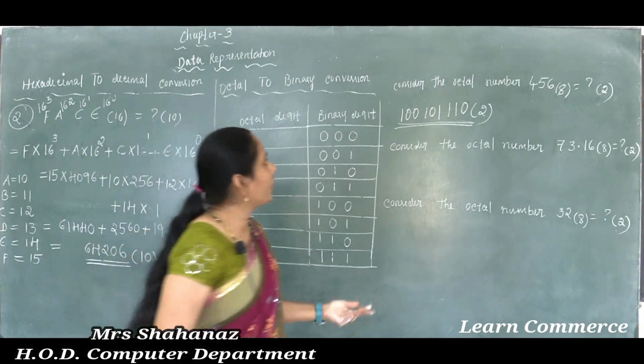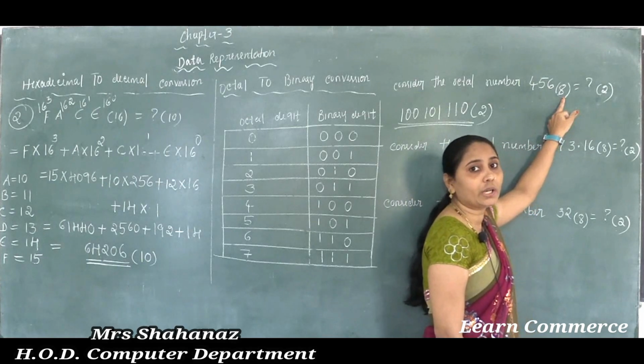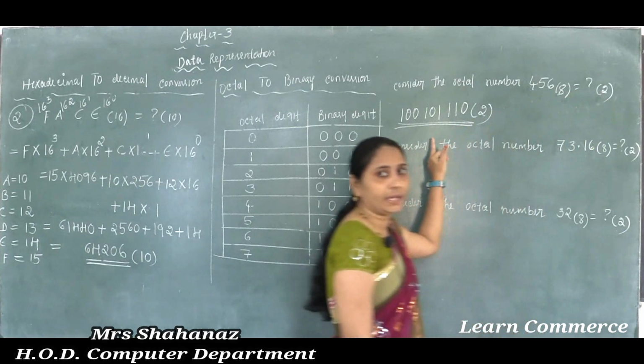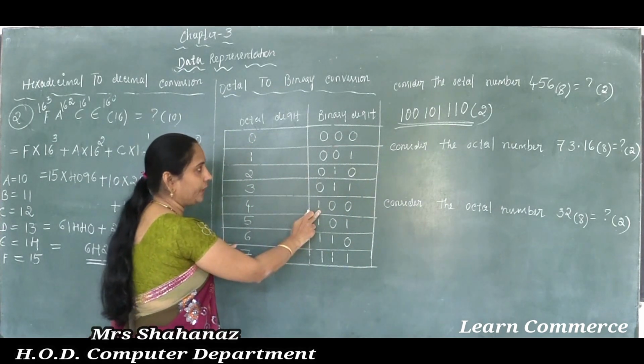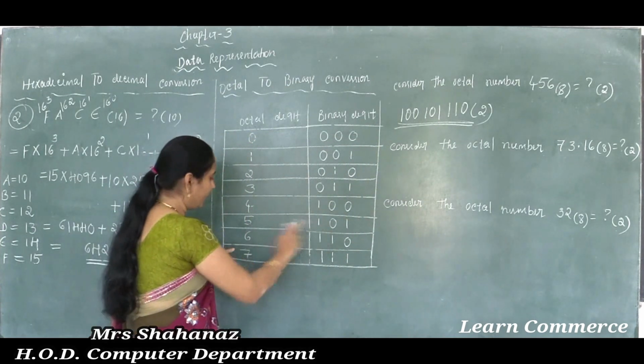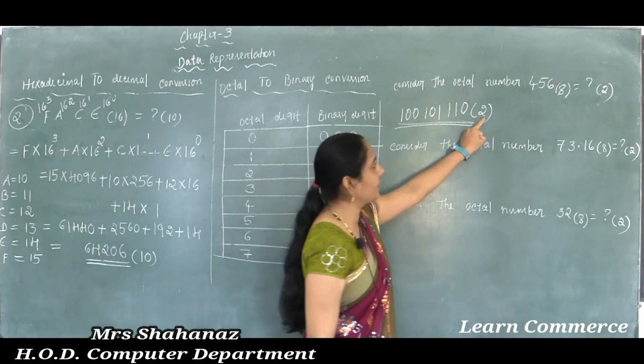Clear this point? Okay. So consider the octal number conversion, octal to binary, how we did it: 4 value is 100, 5 is 101, 6 is 110. Like that. Finally we need to write the base value.